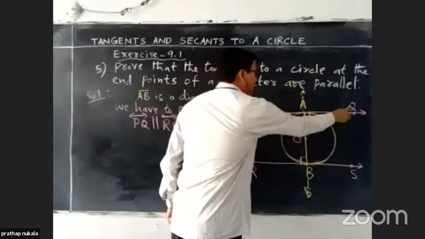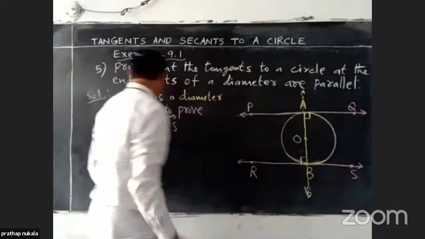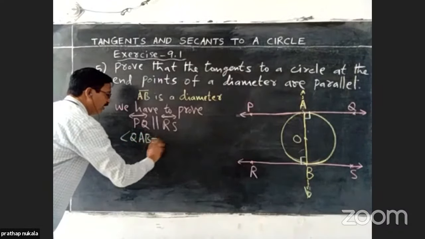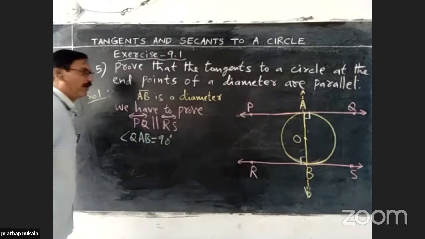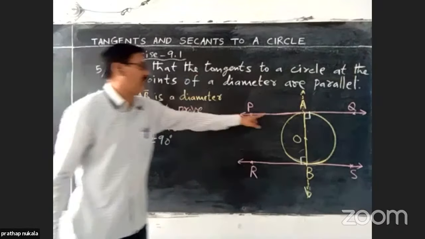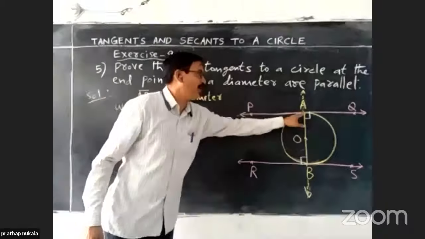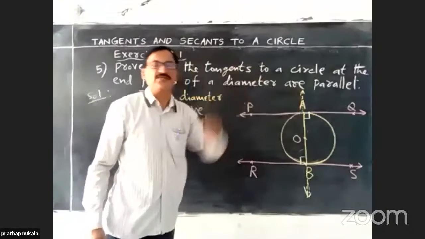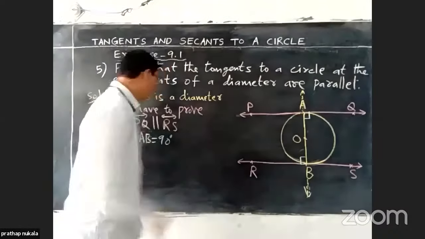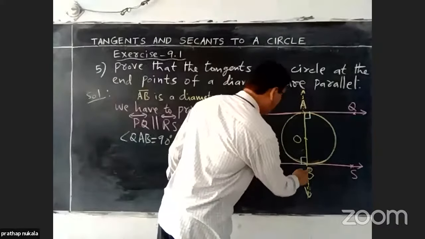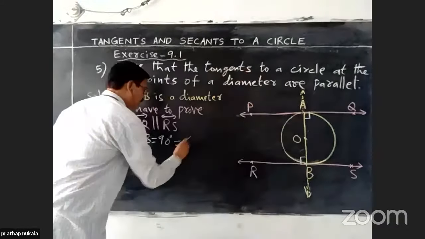Here, that means angle QAB is equal to 90 degrees. Why is it 90 degrees? Since the tangent is perpendicular to the radius through the point of contact. Already we know from that property. Again, this will be equal to angle RBA.